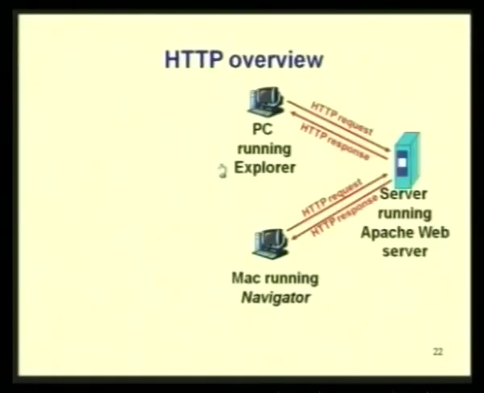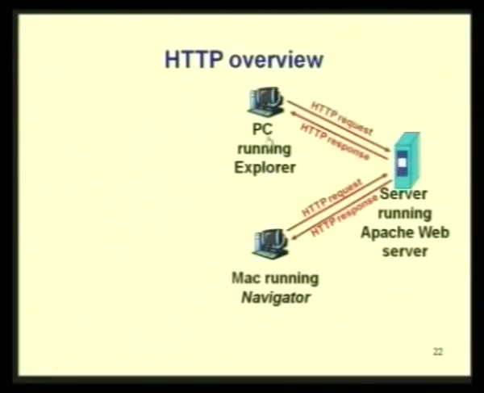Now, when we have the HTTP protocol running, what is it? The HTTP protocol is a request response protocol. A PC or some device which needs to initiate a communication, which means to request a particular web page, sends out what is called an HTTP request to the server.